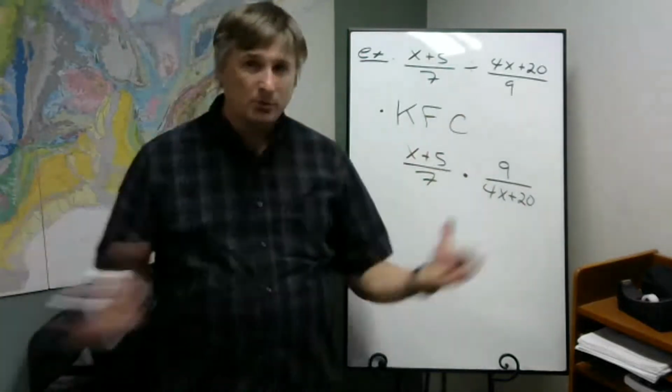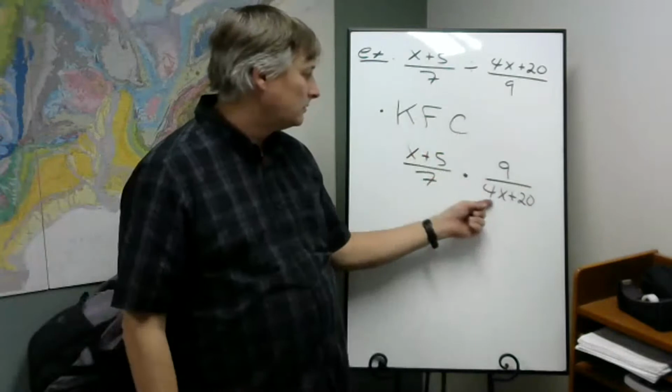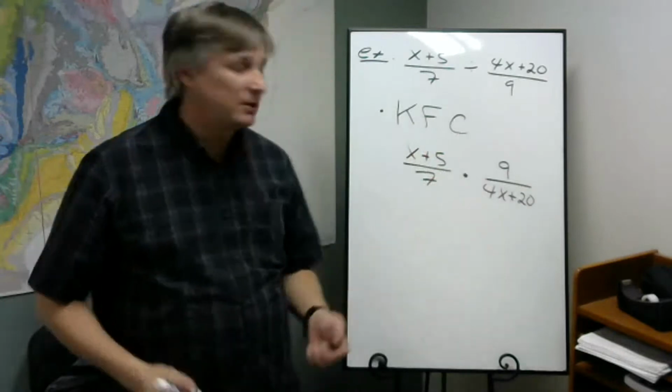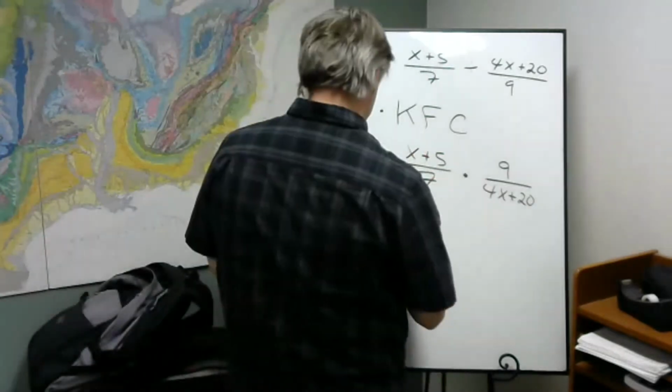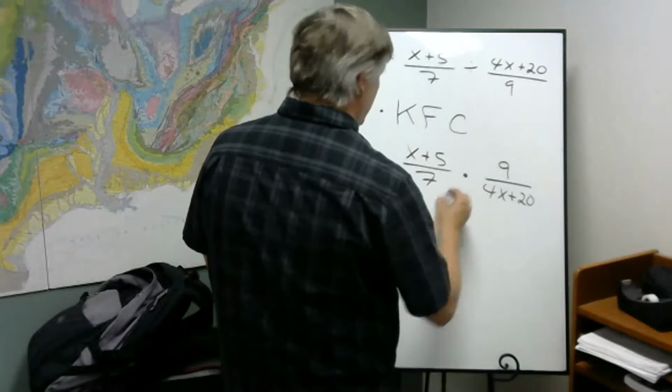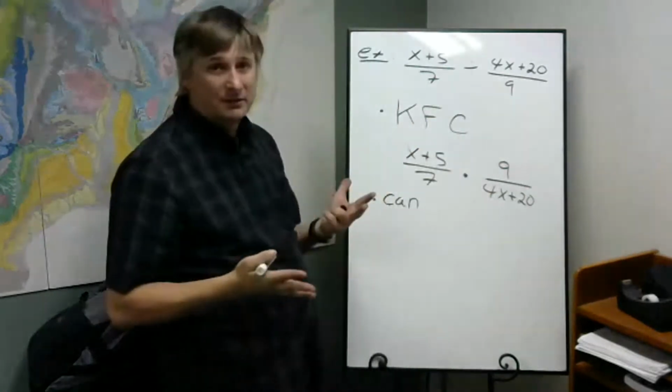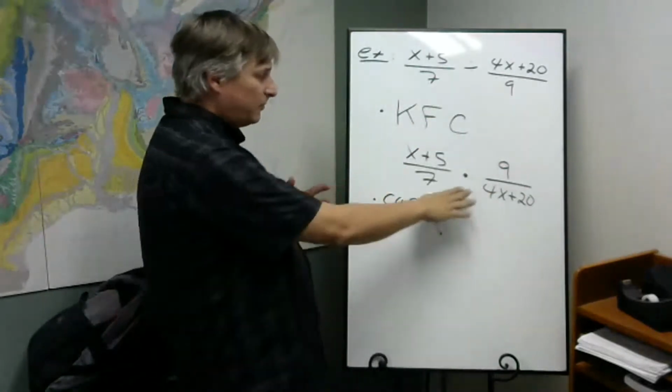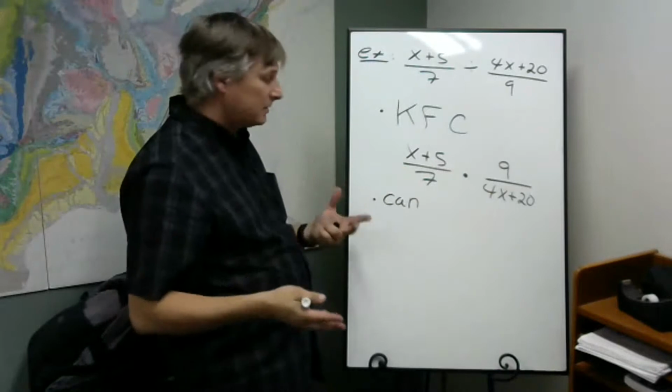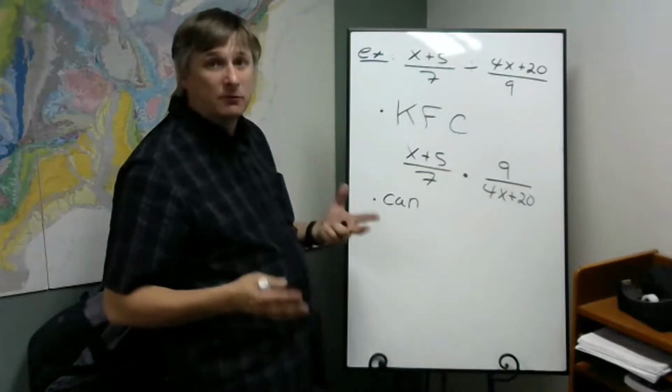Now, before we multiply things together, let's look for any factoring we can do. And you could even factor before we get to this point, but certainly before we actually multiply things together, let's at least get the factoring done before that.